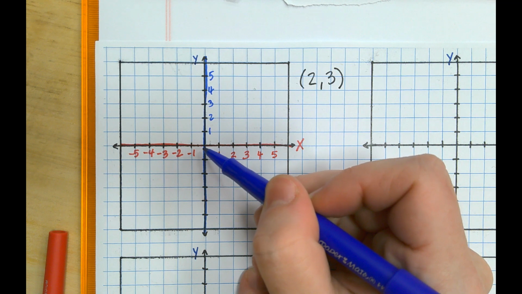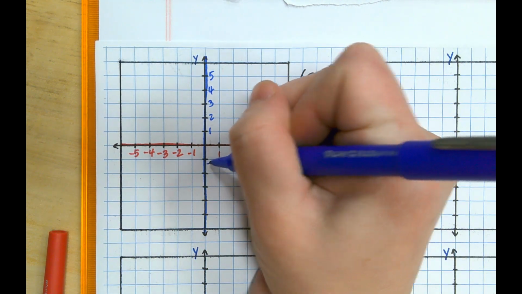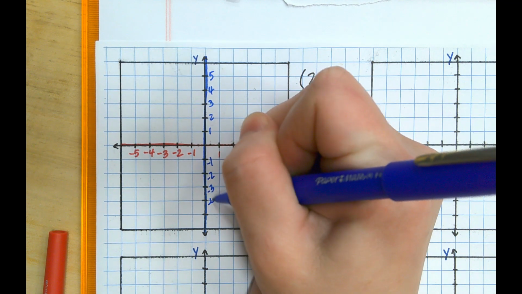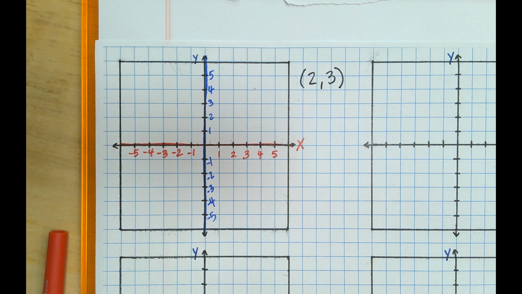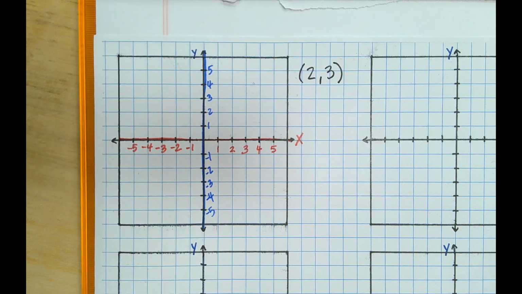And when I go down, crossing 0, what kind of number? Negative. -1, -2, -3, -4, -5, and they go on for infinity. So we've got our graph labeled.